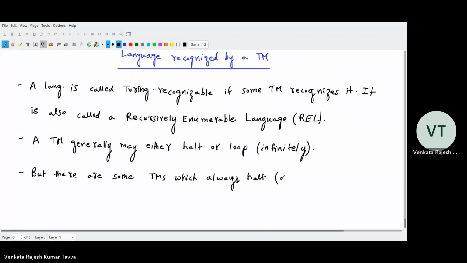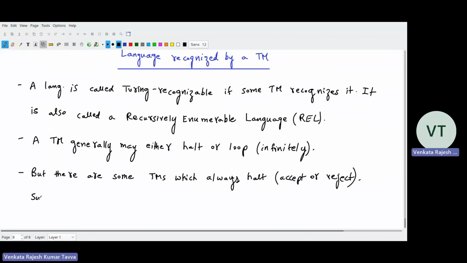That is either accept or reject. So like I said earlier, halting does not necessarily mean only accepting. Rejecting is also halting. Only if it is neither accepting nor rejecting but going in an infinite loop, then it is not halting. Okay?